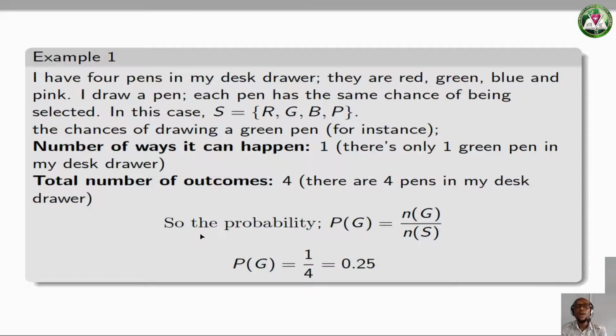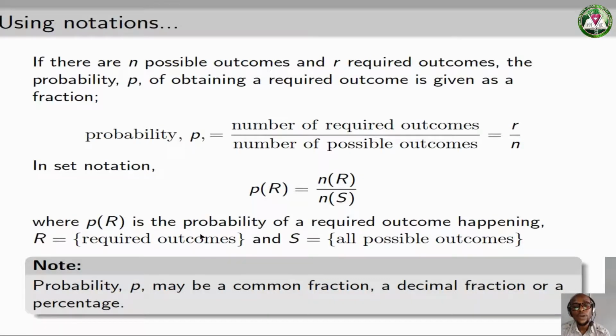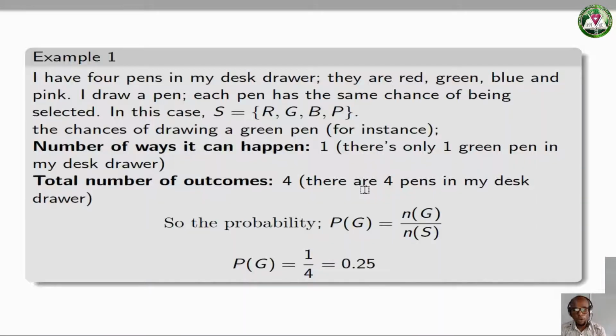So what will now be our probability? Going back to our definition of probability, where we say that probability is defined as the cardinality of the required outcome over the cardinality of the possible outcomes. The required outcome we have there is 1, because there's only 1 green pen in that drawer.